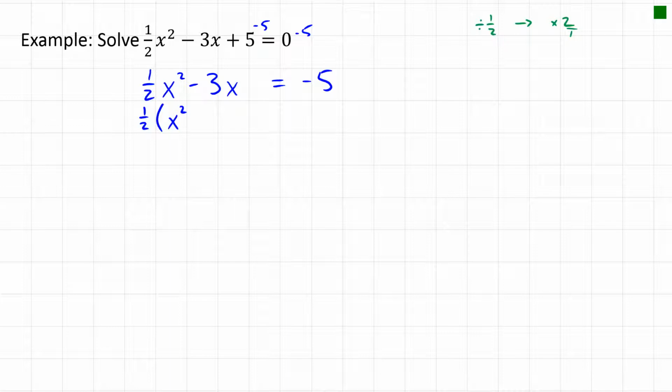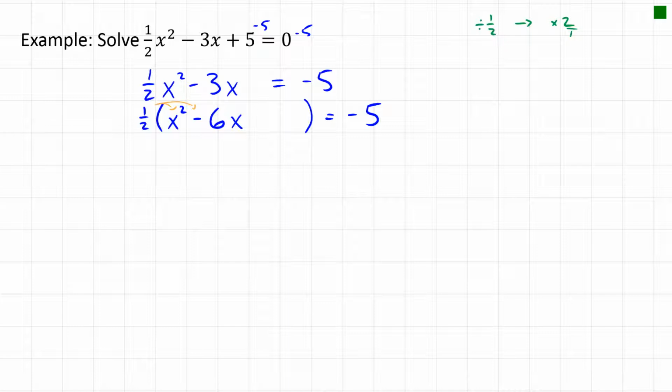So when you factor off a half from negative 3x, it's like multiplying negative 3 by 2, which leaves you with negative 6x. And then leave some space, equals minus 5. Now if you need to convince yourself of that, multiply the 1/2 back in, and you'll get 1/2 x squared, and then 1/2 times negative 6x is negative 3x.